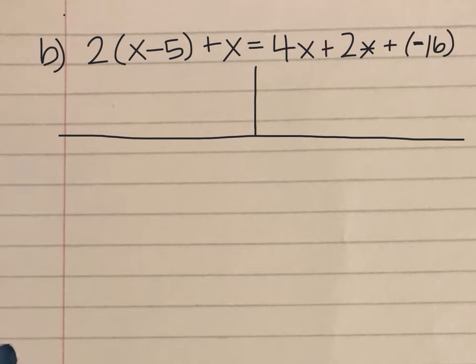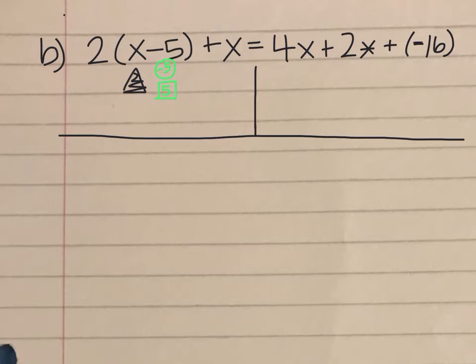So I am going to say that x minus 5, if I don't have anything to subtract, I'm going to bring in my 0 pair. I'm going to bring in a negative 5 and a positive 5.